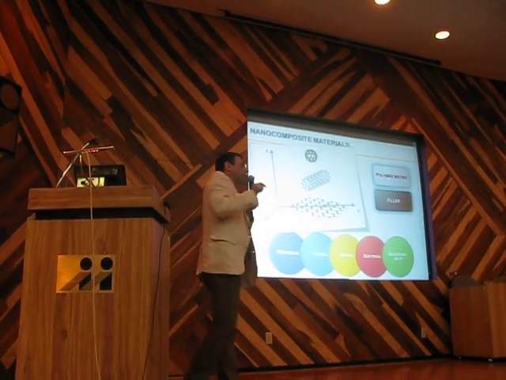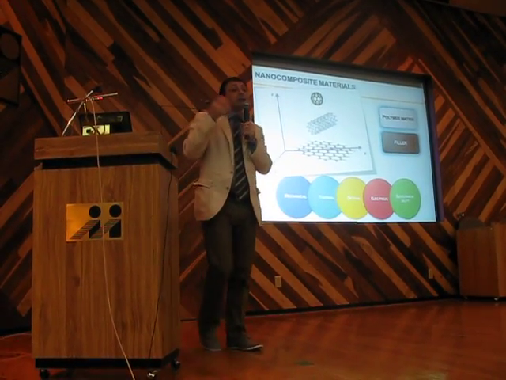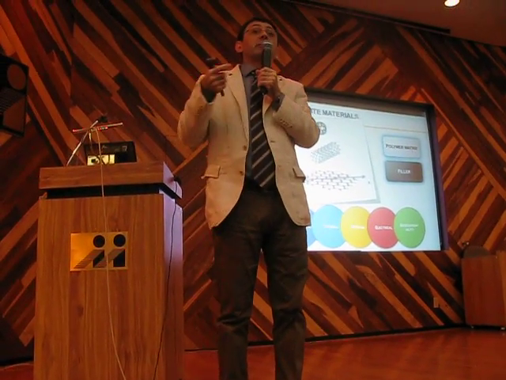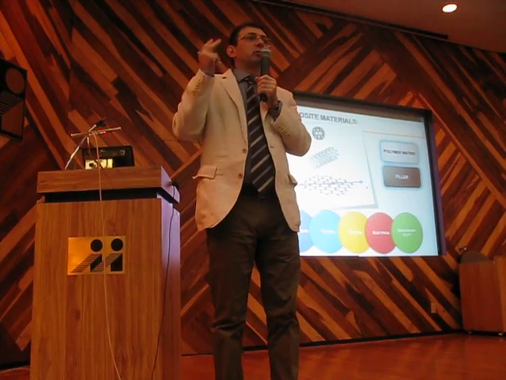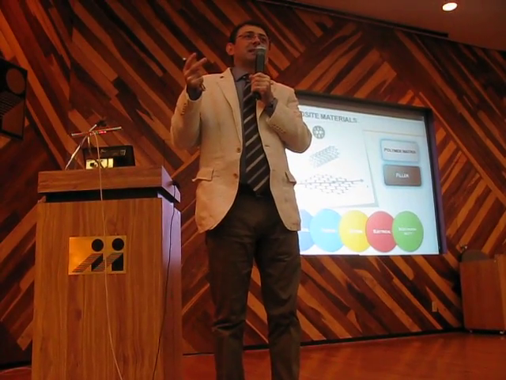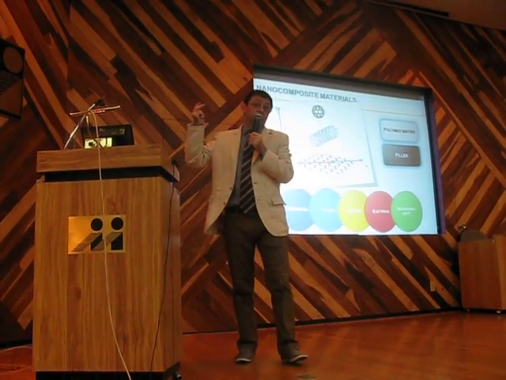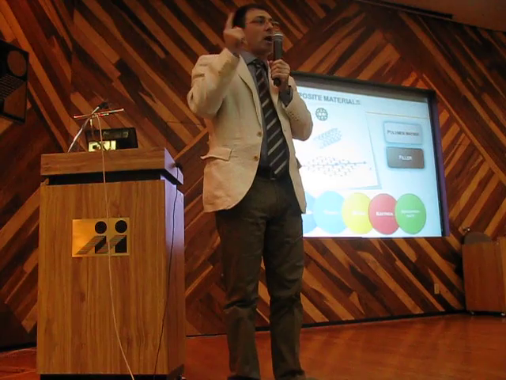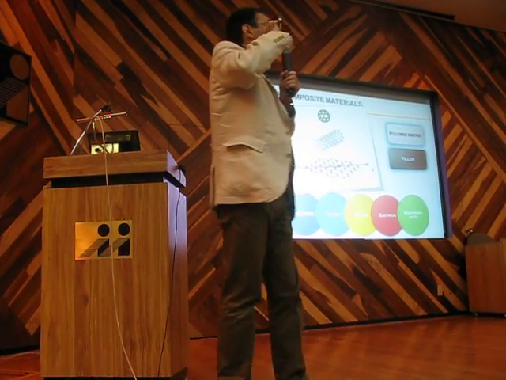Some of them have all the dimensions in the nanometer range, for example, fullerene. Some have 2 dimensions in the nanometer range, for example, carbon nanotubes, and others have just 1 dimension in the range of nanometers.